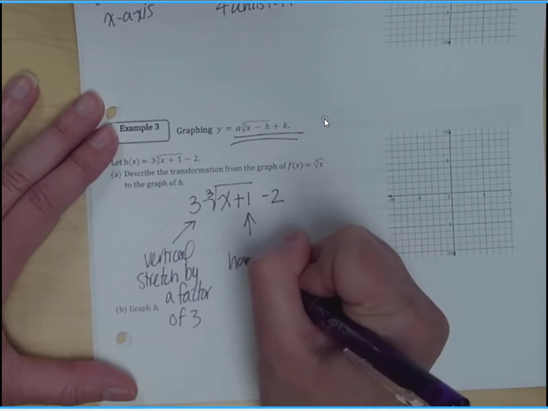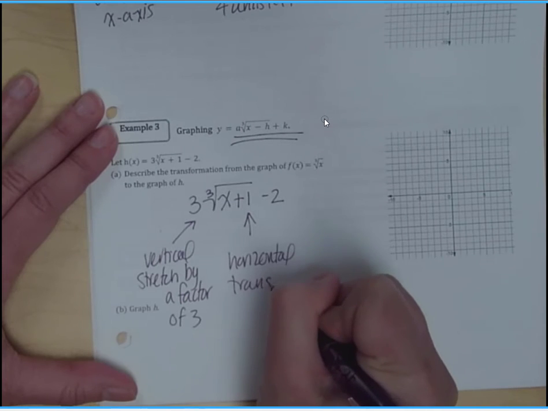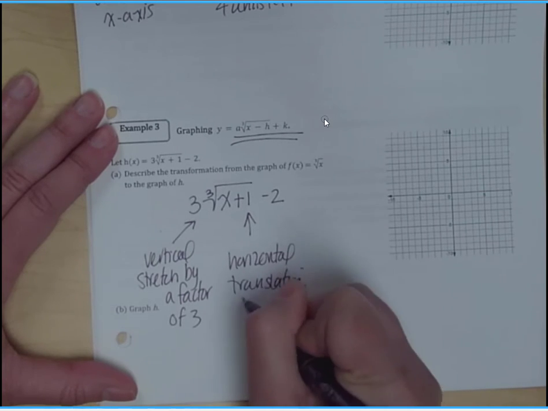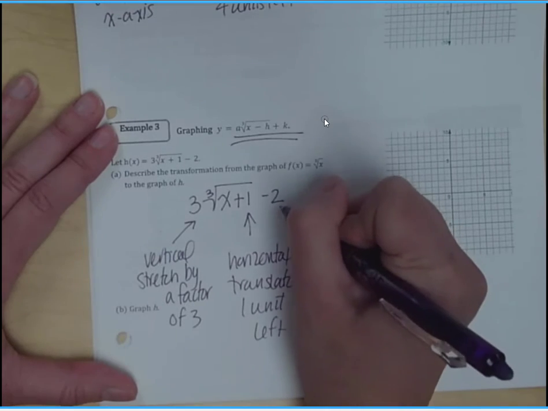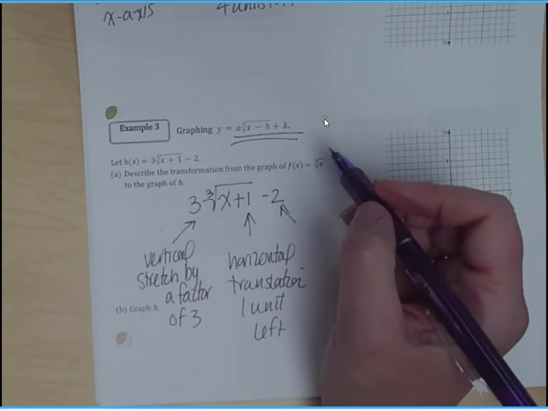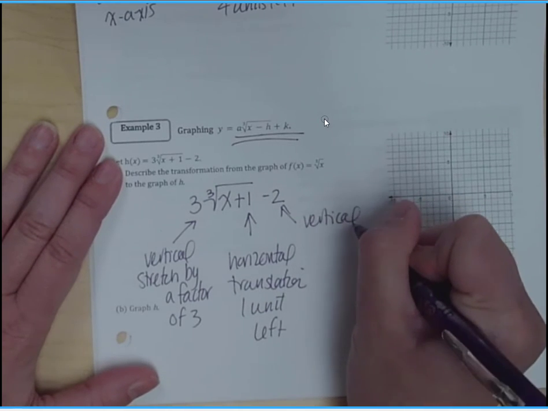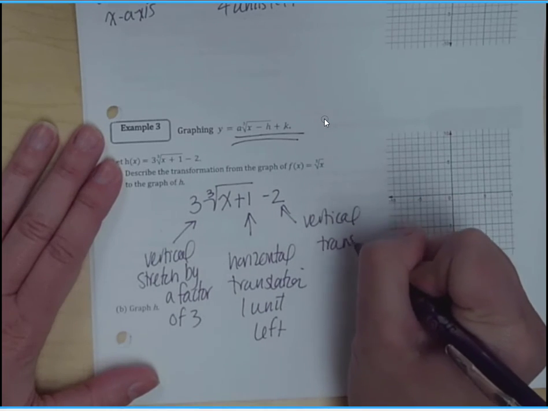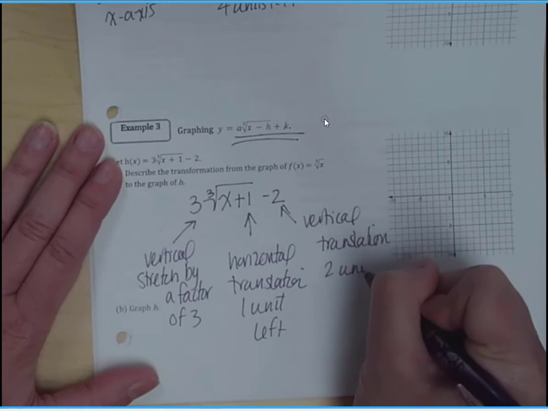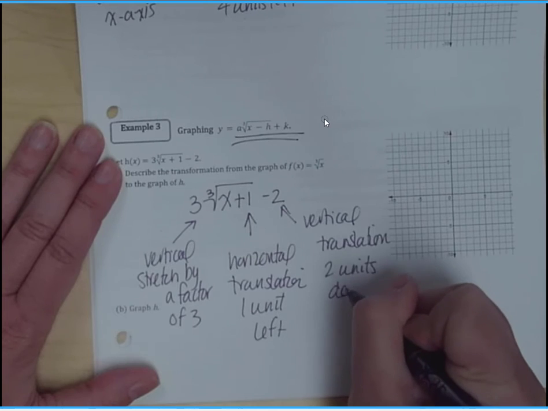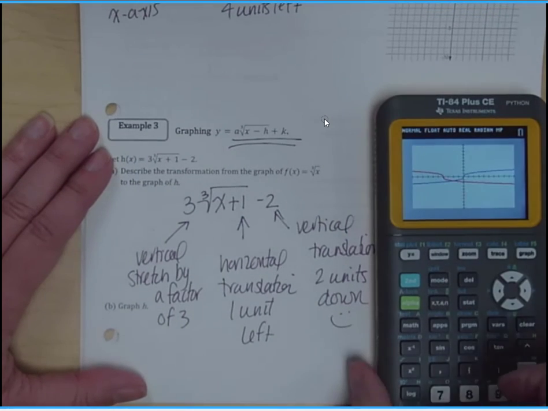This is a horizontal translation, 1 unit left, and this, our K, is the vertical translation 2 units down.